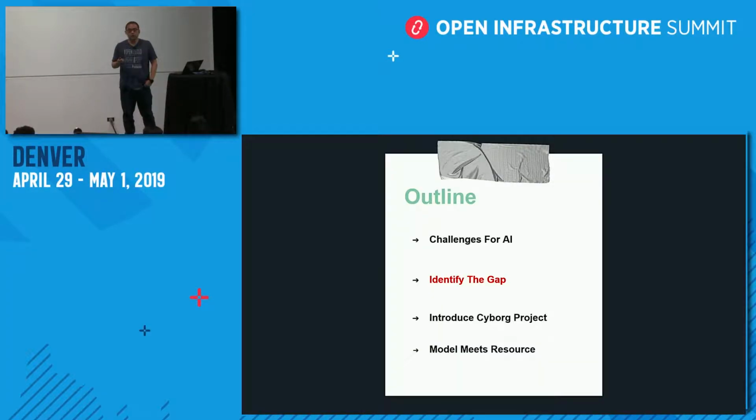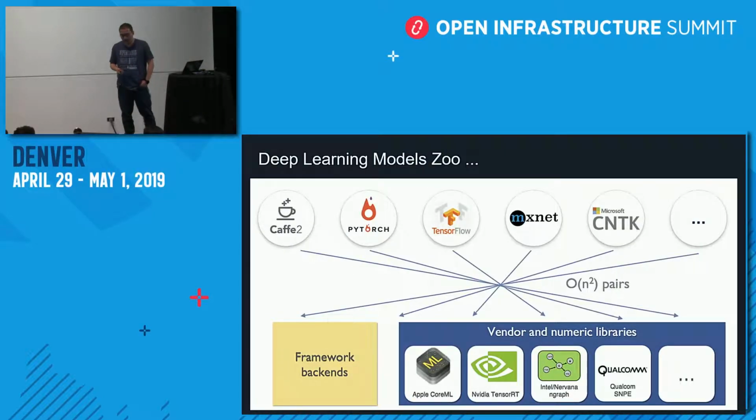But to bridge them, what's the gap? We need to know what the gap is before we can even do the bridging. So look at this graph here. On top are the various machine learning frameworks that are very popular out there, like Caffe, PyTorch, TensorFlow.